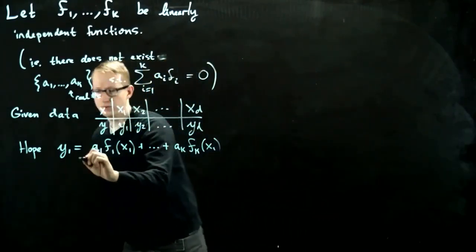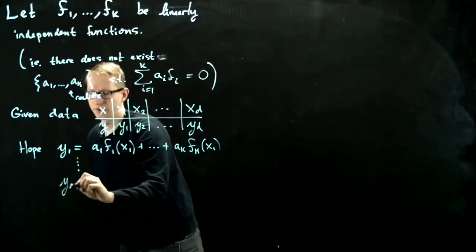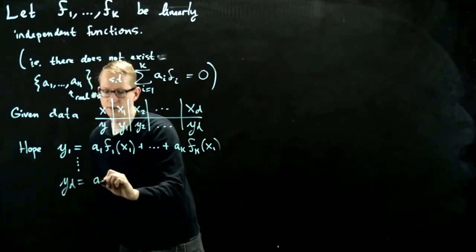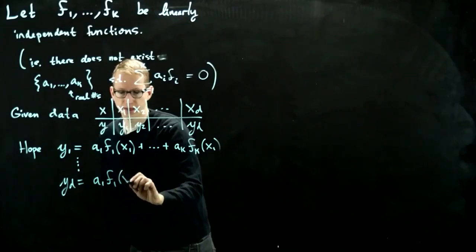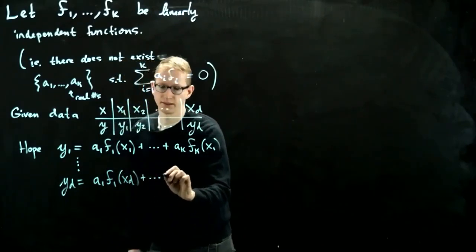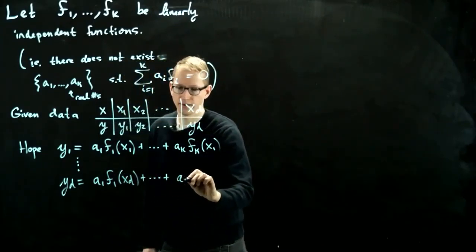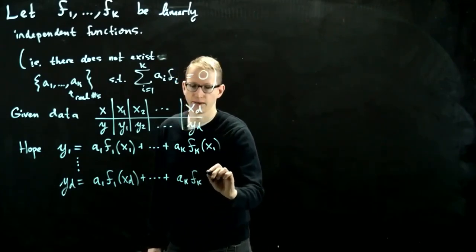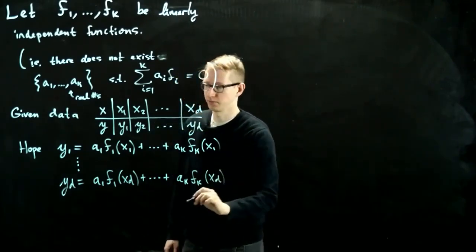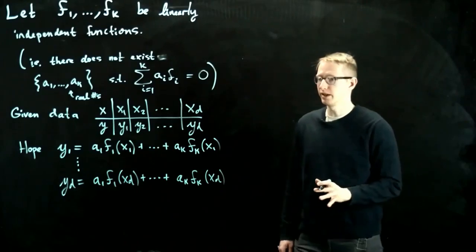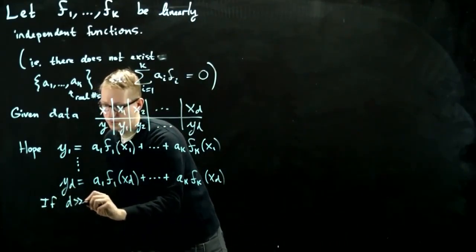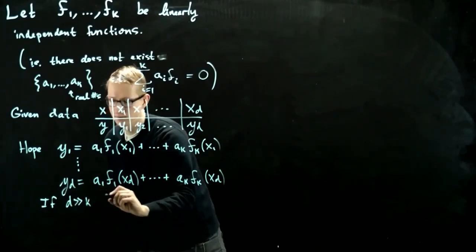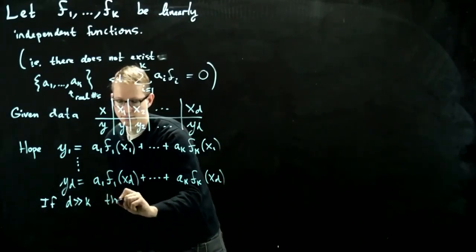And not only do you want this, but you also want this to hold for all of your data points, up to yd equals a1 f1 of xd plus dot dot dot ak fk of xd. So this is your hope, but if d is much, much greater than k, then this is unlikely.